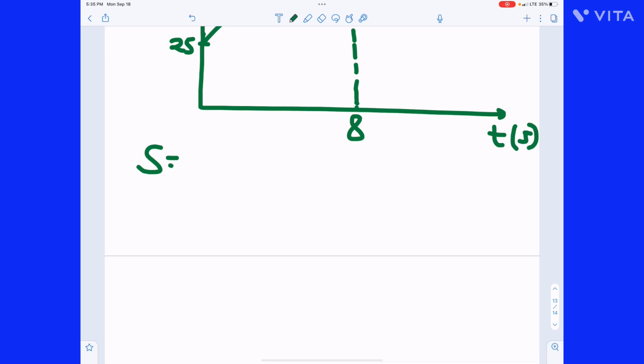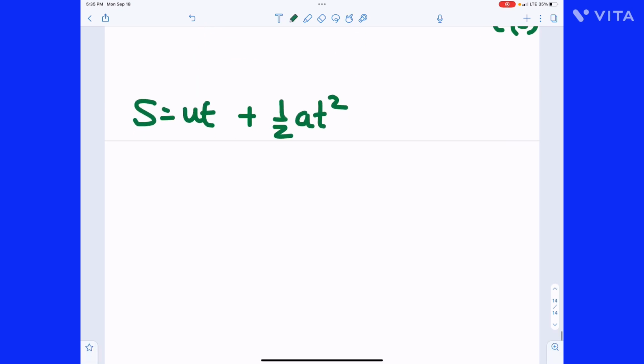So using s = ut + ½at². What do we get? Okay, let me try and separate this from my graph so that you don't get it mixed up. Using s = ut + ½at², we are looking for the distance traveled.